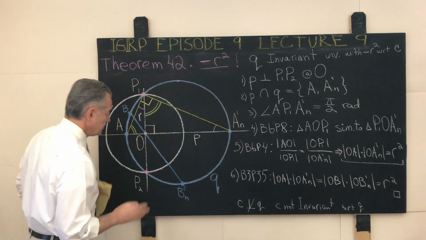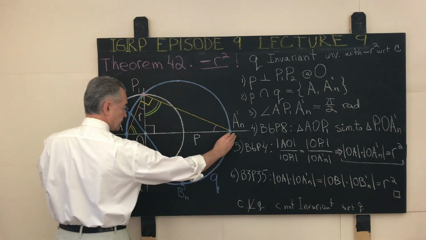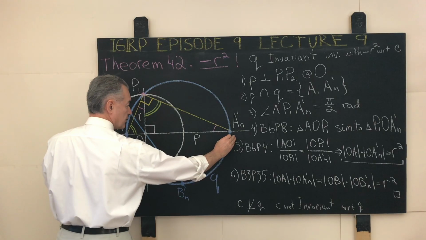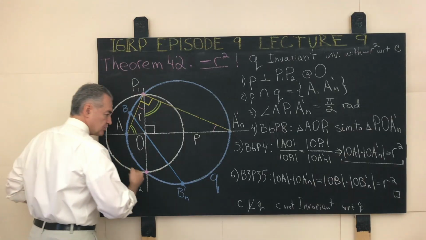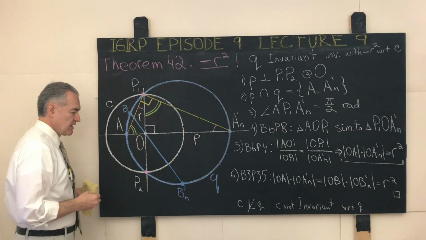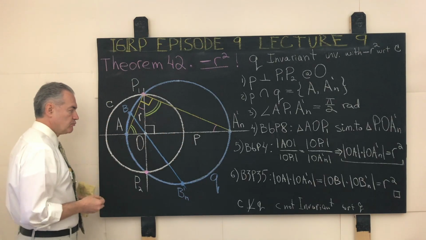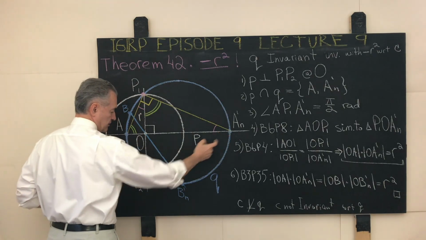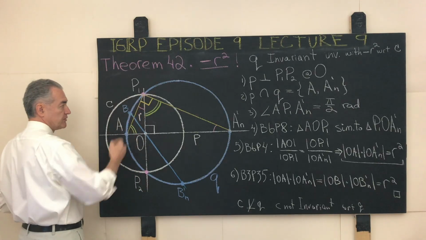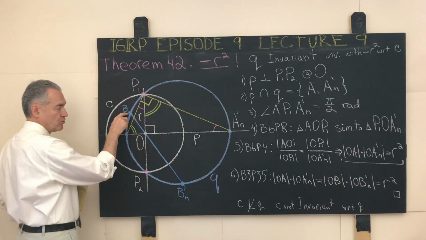Now, lastly, this was the special case for these conveniently located points A and A prime n. But then on the circle Q, we pick any other point that is distinct from A prime n, P2, or P1. Let's say point B shown over here.